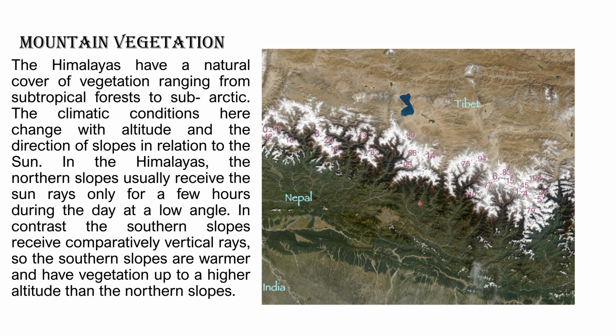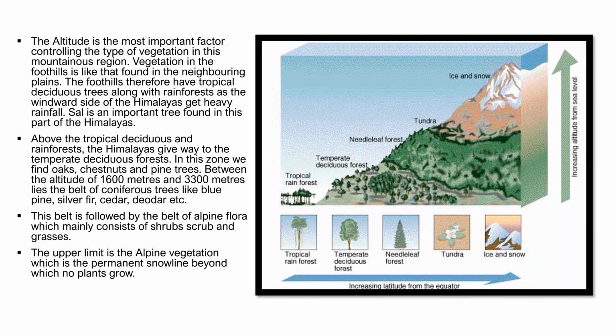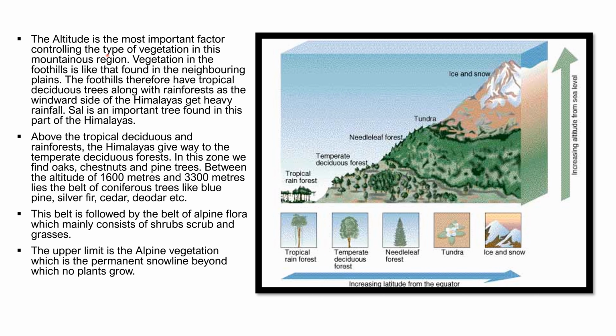So here you can see how the areas in the northern slopes are not so dense compared to the ones in the southern slopes. The altitude is the most important factor controlling the vegetation type in the mountainous region.